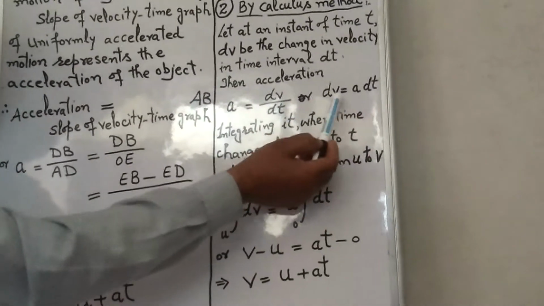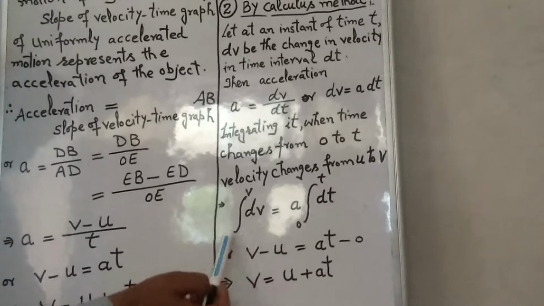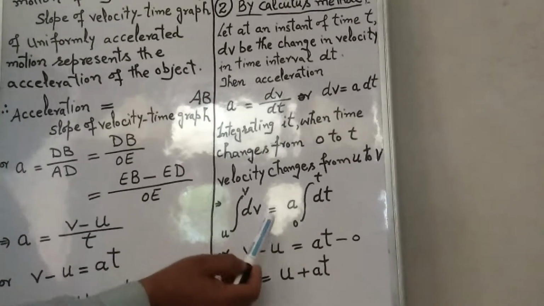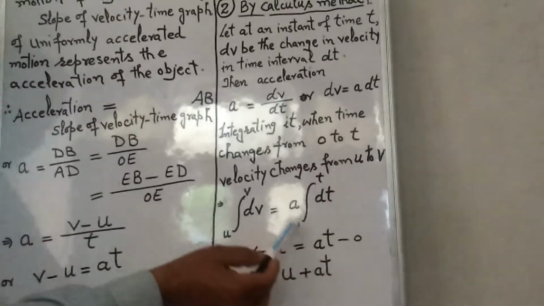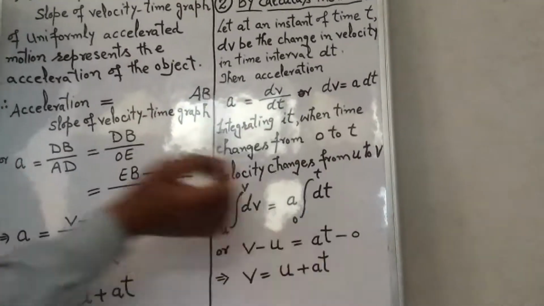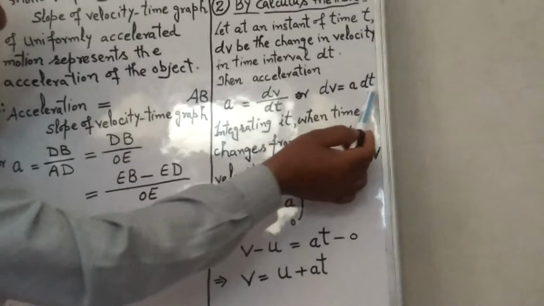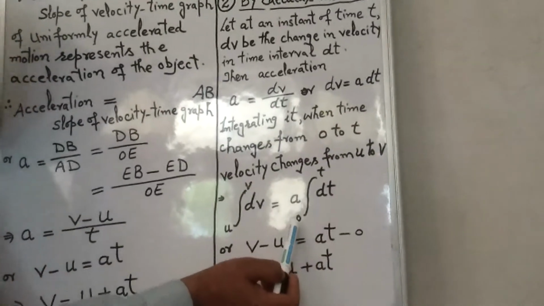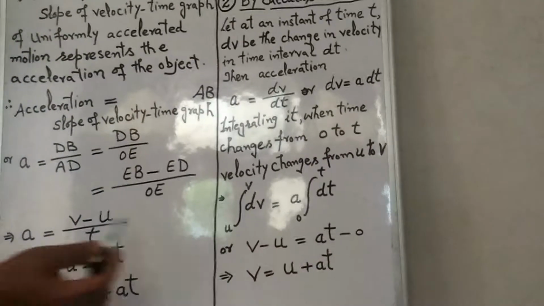The integral of dv, the change in velocity, between limits u to v, is equal to a, the acceleration, times the integral of dt, where the change is only in time, between limits 0 and t.